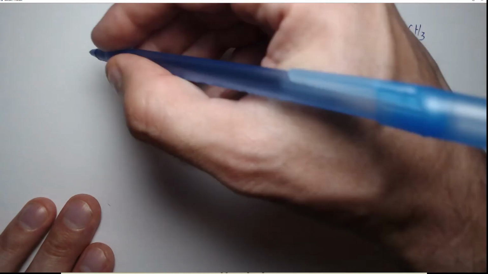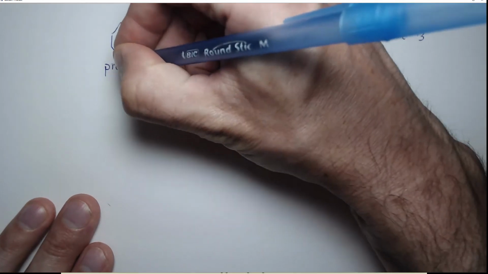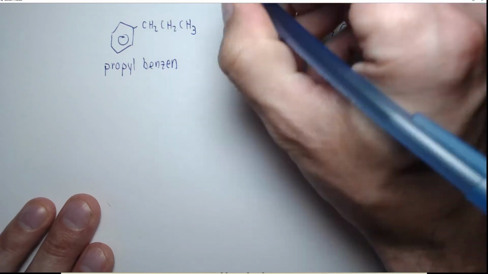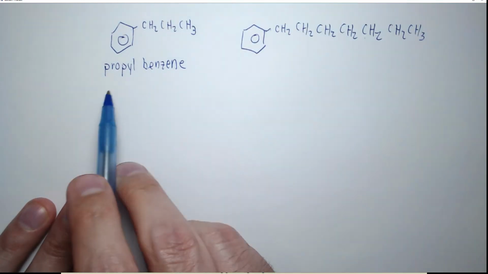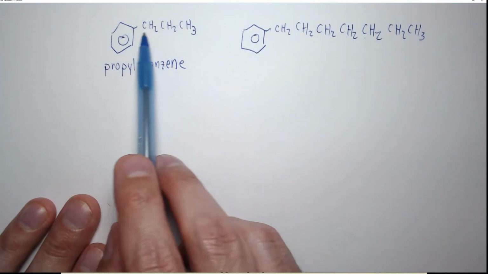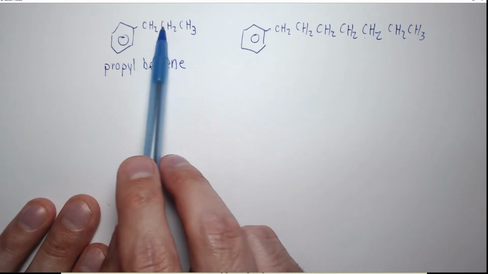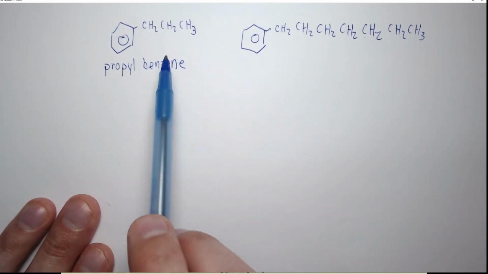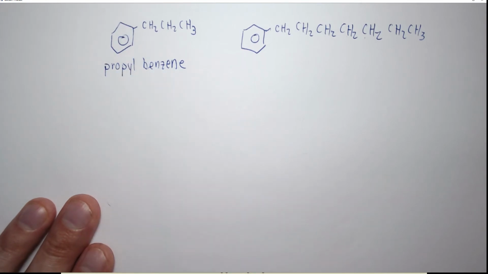So this could be called propylbenzene. And propyl means 3 carbons, right? So this would be propane if it was just CH3, CH2, CH3, but because it's sticking off, we call it propyl, attached to a benzene, propylbenzene.